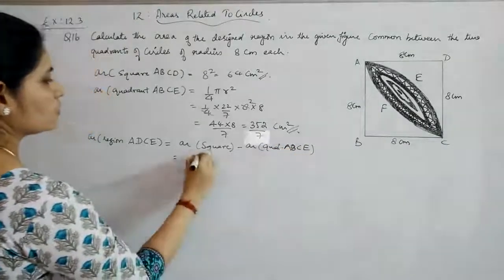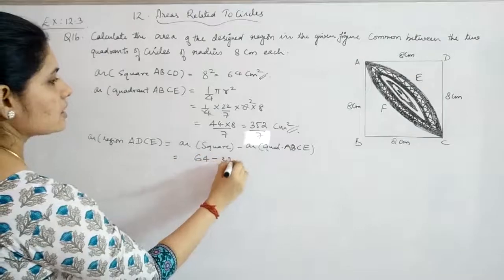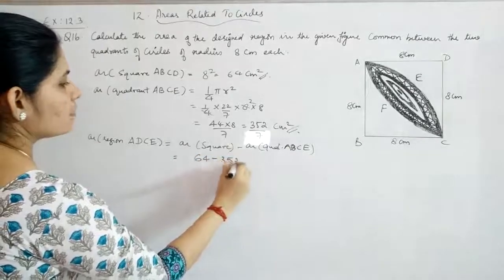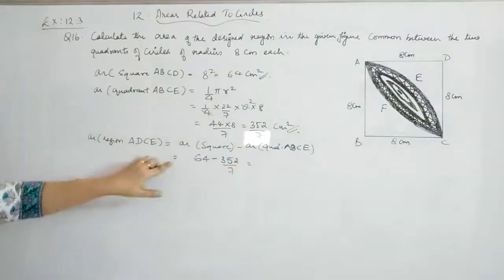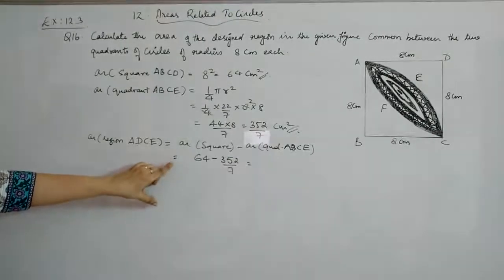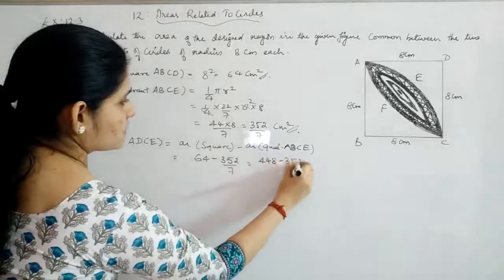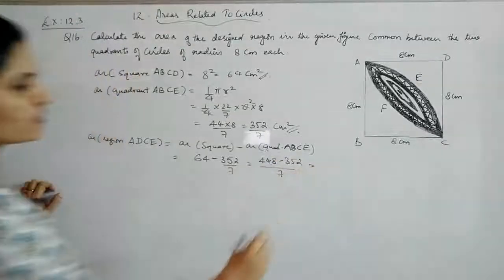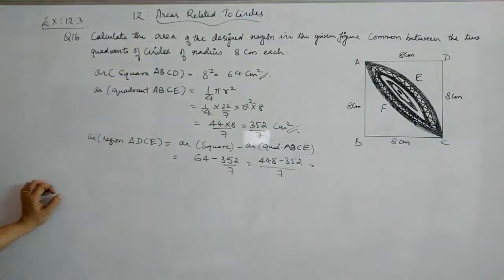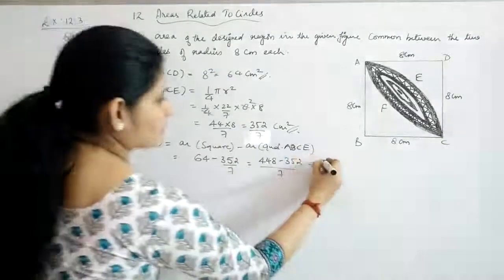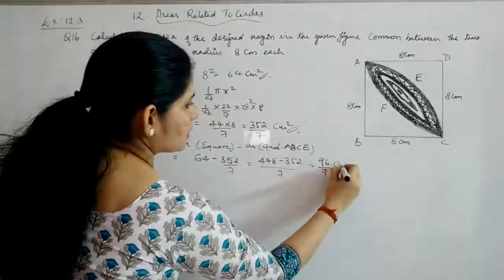Okay, so that is 64 minus 352 by 7. Again, this will give you 64 into 7 is 448 minus 352 by 7, which is equal to how much you are getting? 96 by 7 centimeter square.